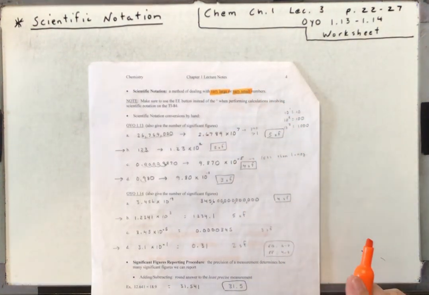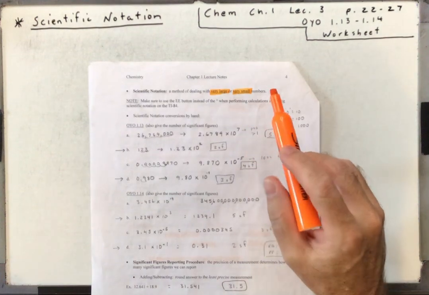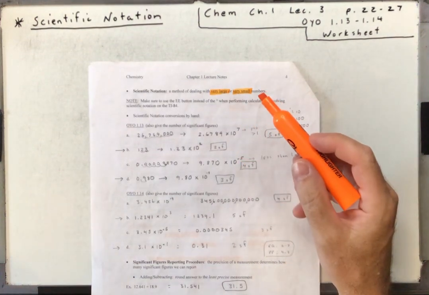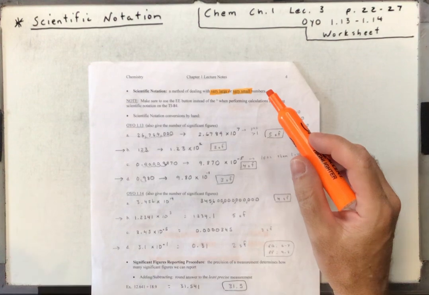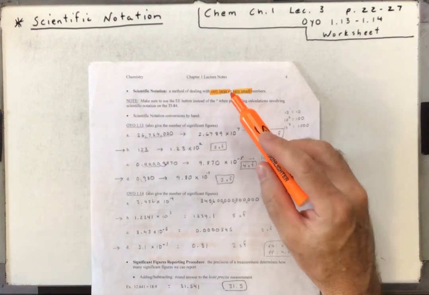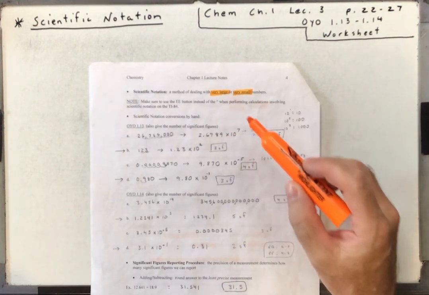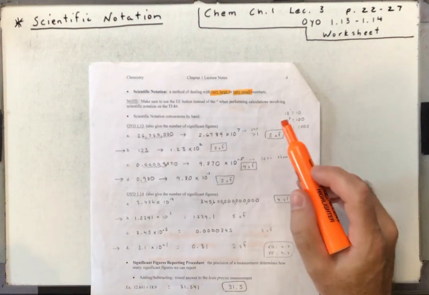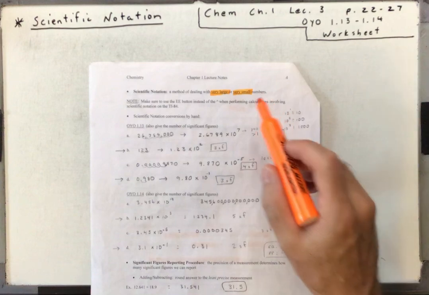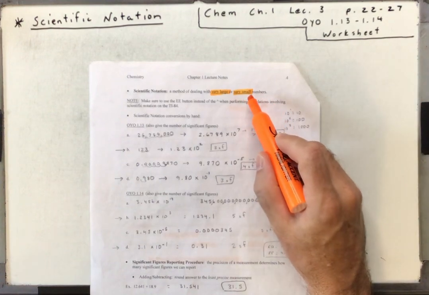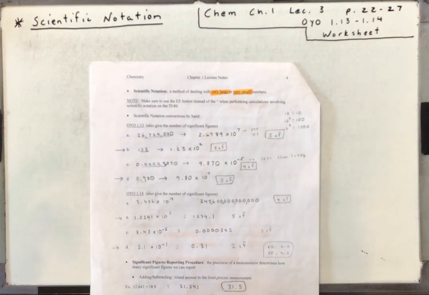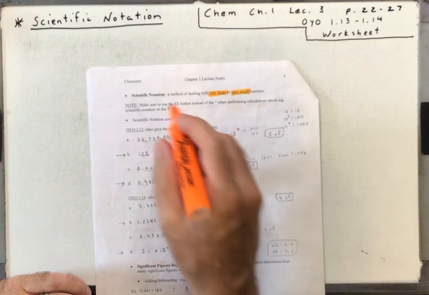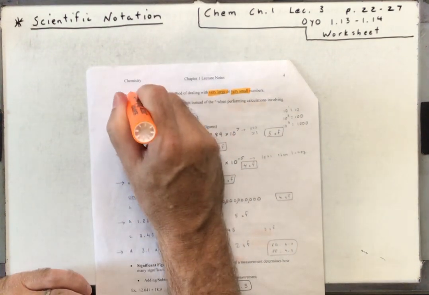In chemistry, oftentimes when you're counting things like atoms, there's a lot of atoms in a small volume, you use a very large number, or if you're dealing with the width of atoms, atoms are very small, molecules very small, we'll use very small numbers. So we need a method of easily dealing with these very large or very small numbers, and the way we deal with those, it's called scientific notation.